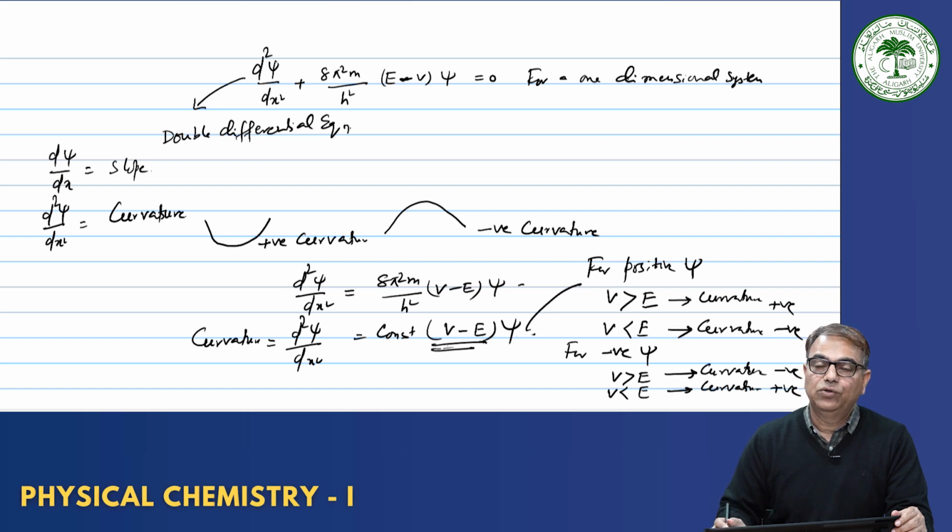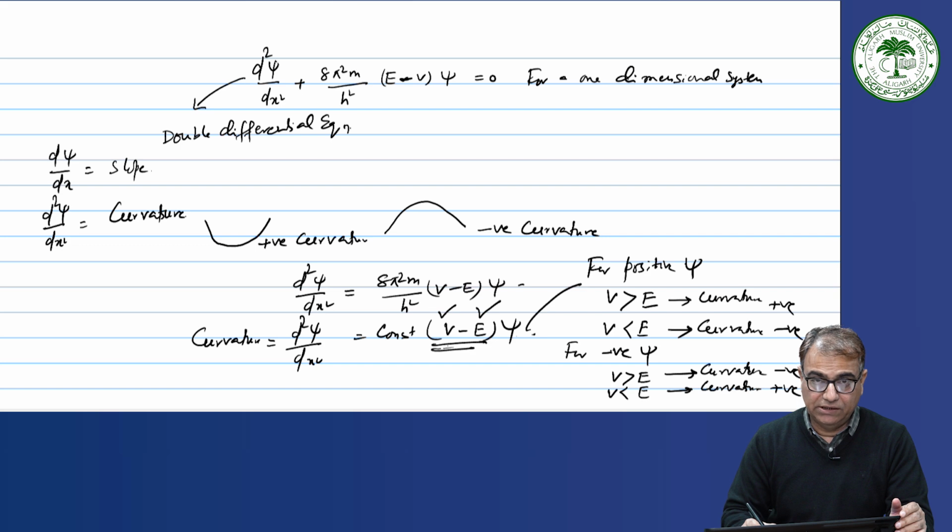So you can have an idea about the shape of the wave functions qualitatively from the potential energy and total energy. This is total energy, not kinetic energy. If you know whether psi is positive or negative, you can get an idea about the shape of the wave function curve.